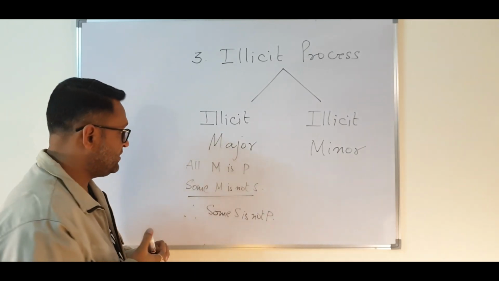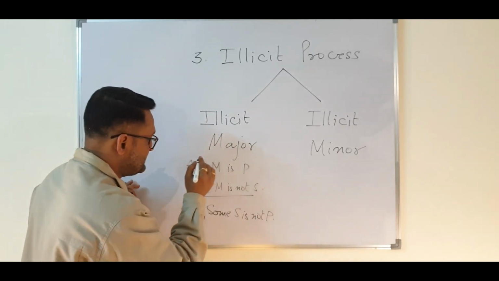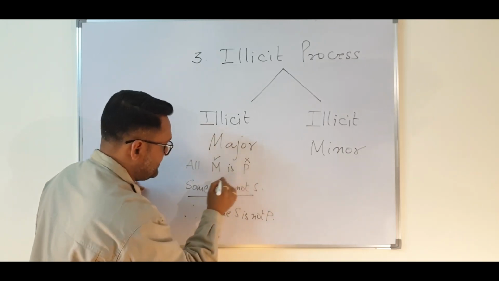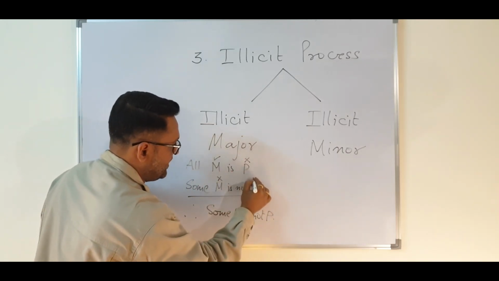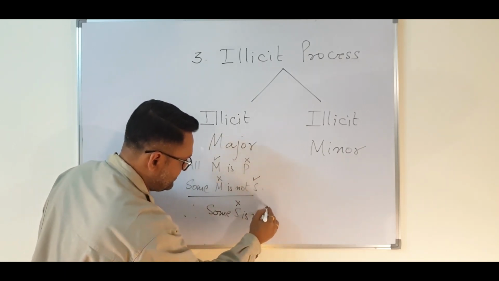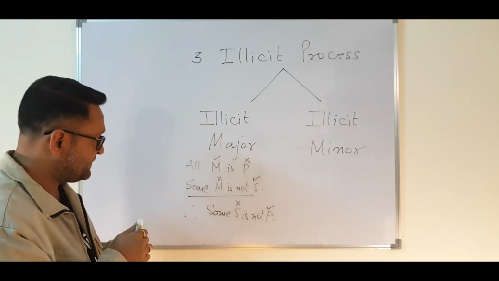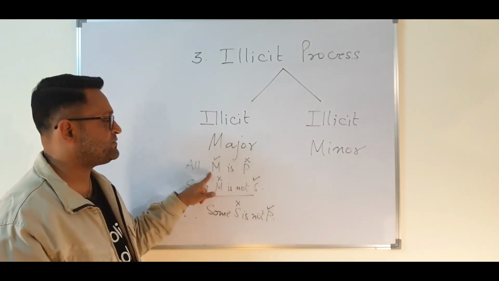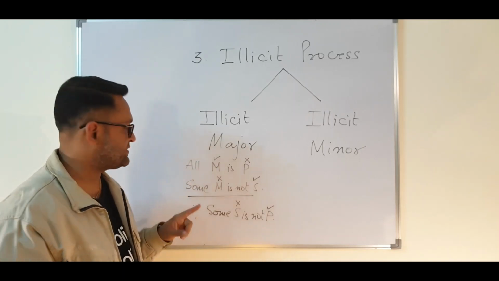Now if we see the distribution, this is an A proposition. In an A proposition, the subject term is distributed, the predicate term is not distributed.